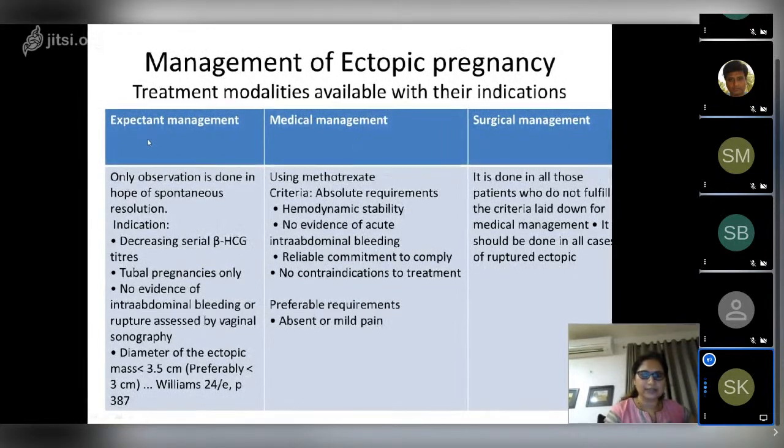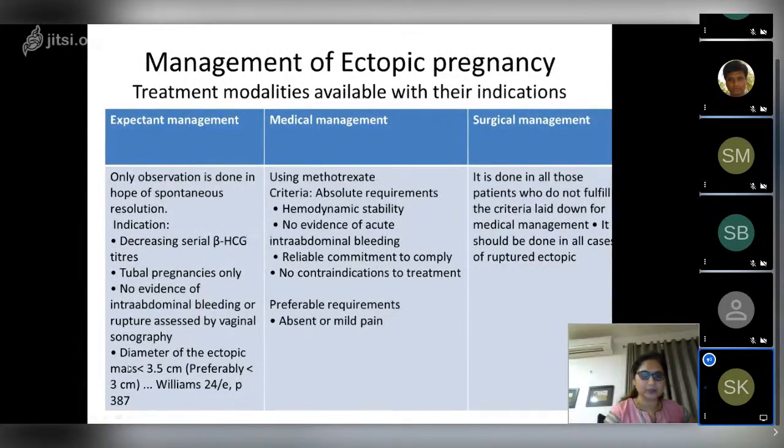Now, what do you do in expectant management? It is only observation, right? So you hope for a spontaneous resolution. The indications are decreasing serial beta HCG titers, tubal pregnancy only. That means it is not an ovarian pregnancy or an abdominal pregnancy or anything like that. No evidence of intra-abdominal bleeding or rupture assessed by vaginal sonography.